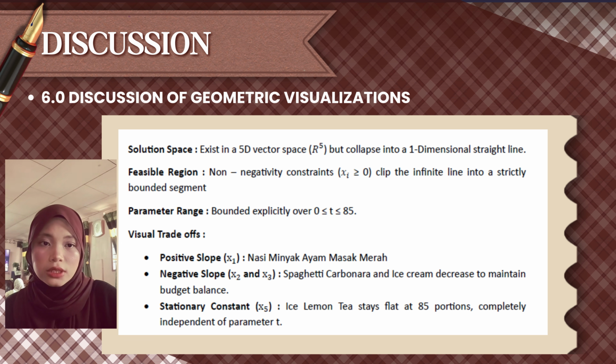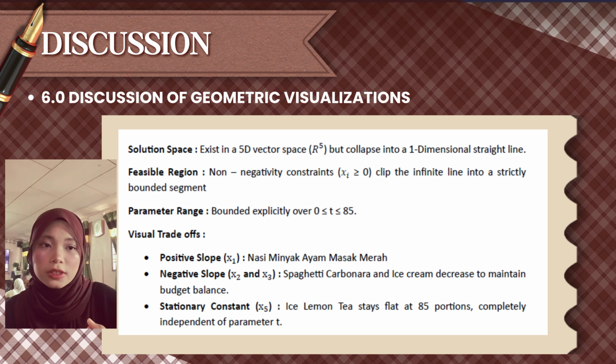Any value chosen outside this segment would violate our constraint, either causing the budget to overload or forcing food quantities to drop below zero. When looking at our 2D projection, the trajectories reveal a clear linear trade-off.